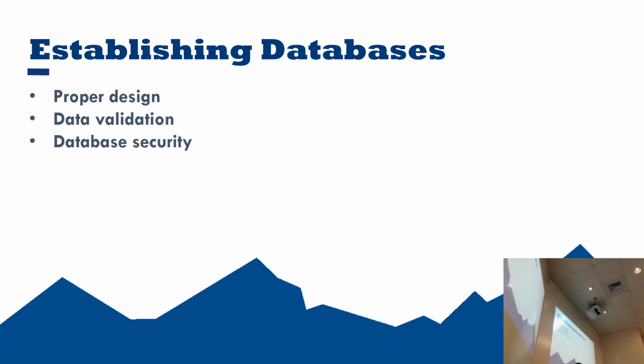It ensures consistency. So let's go back to the example I gave in database class. You have United States. You have mailing addresses, right? Who runs the mail? United States Postal Service, exactly right.